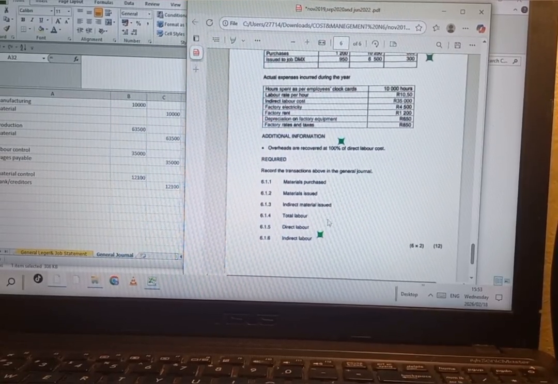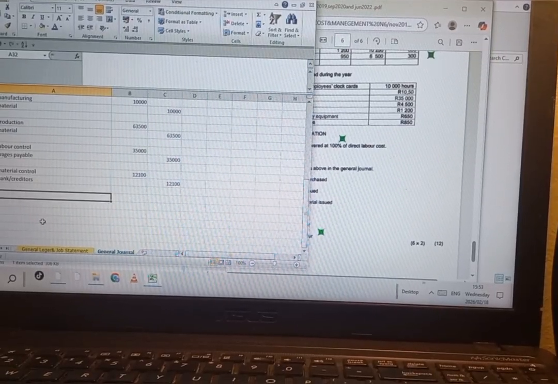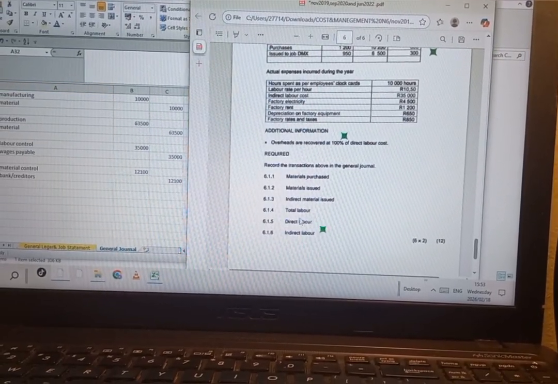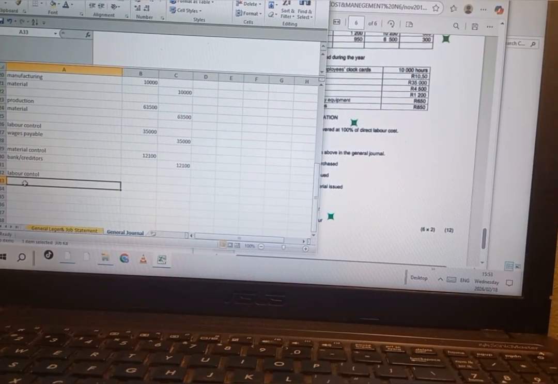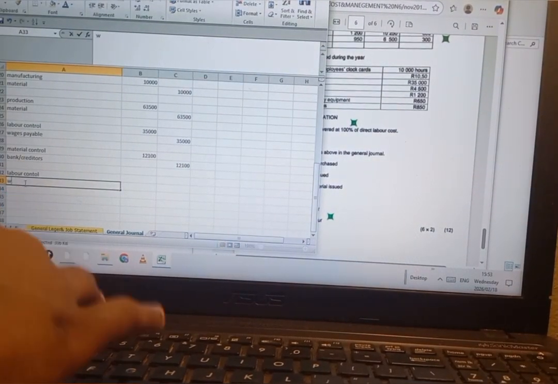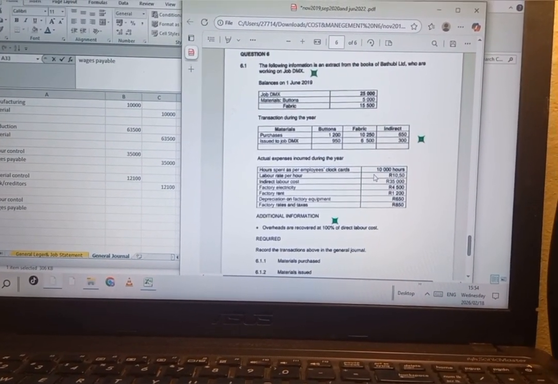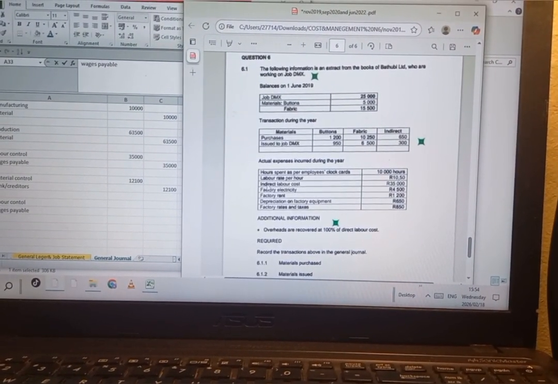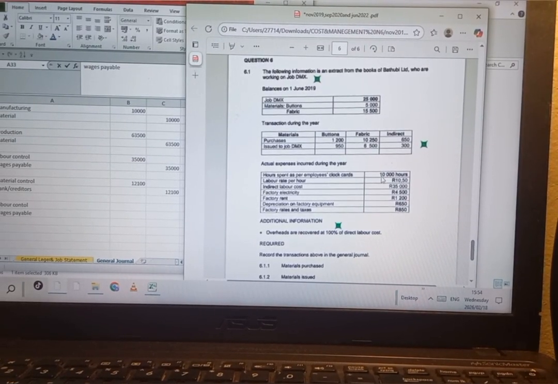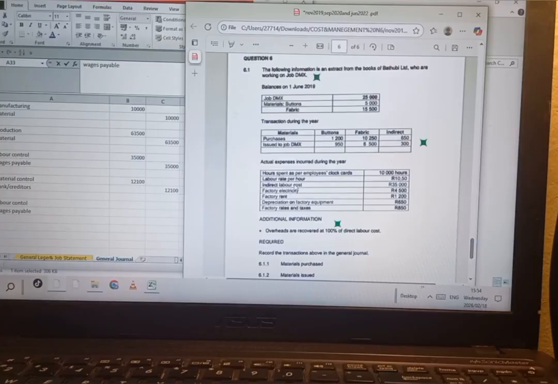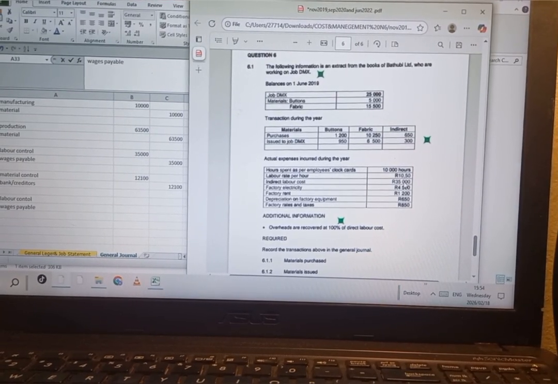And then we have total labor. Remember, we also did total labor, but I'll start from here just to do it again. We debit labor control, and we credit wages payable. Hours spent as per employee clock card are 10,000 hours. Labor rate per hour is given. Indirect labor cost is 35,000.